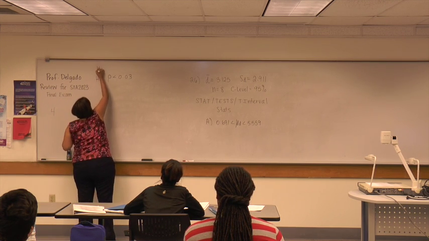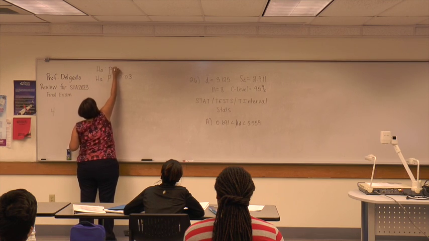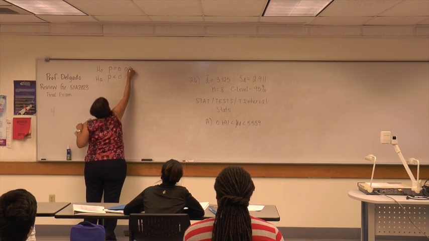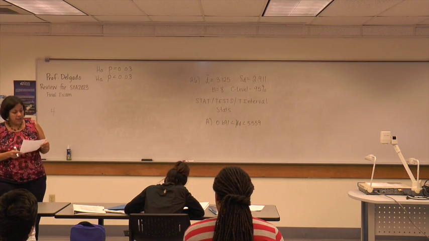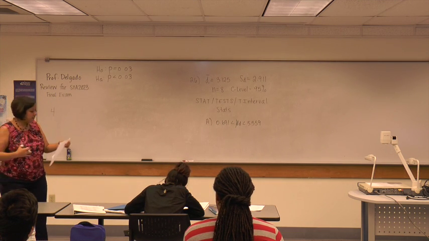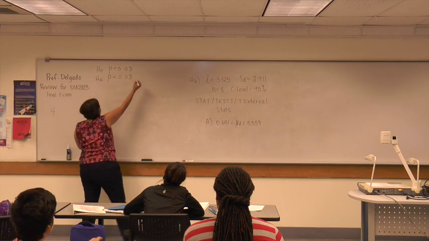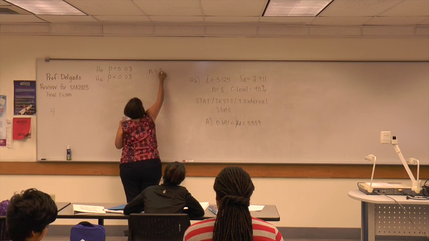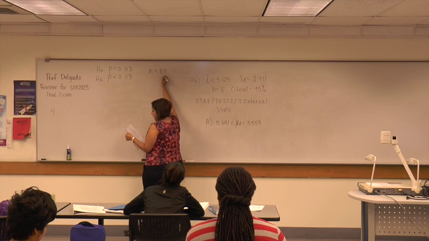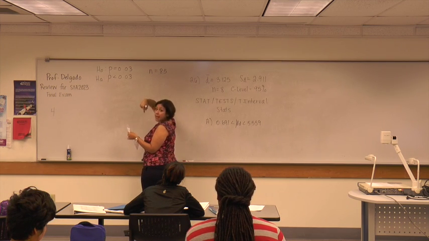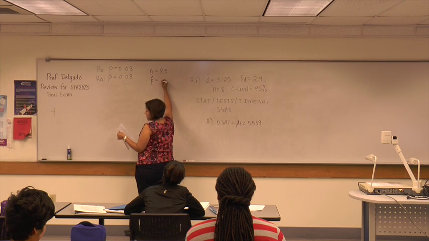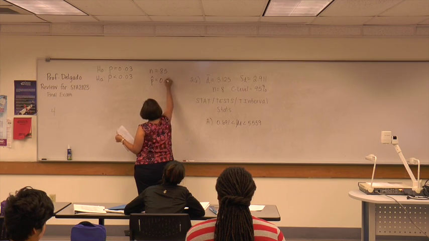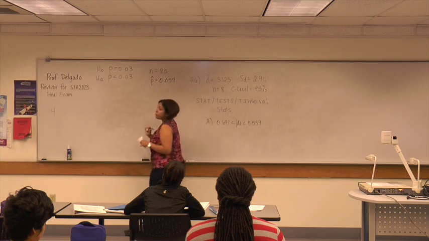The null hypothesis is always a statement of equality, so I'm going to set that equal to 3%. Those are the claims. Now, what's the sample data? The sample consists of 85 items. And in the sample, the rate of defects was 5.9%, which I'm going to write in decimal form this way.